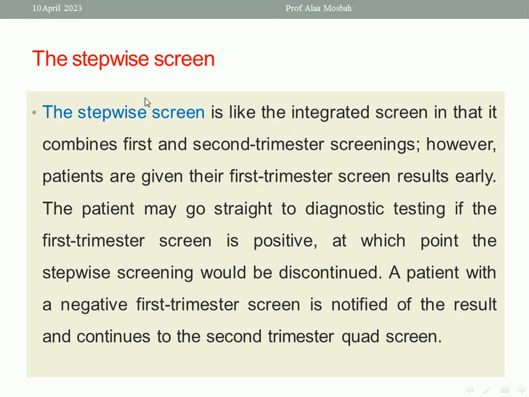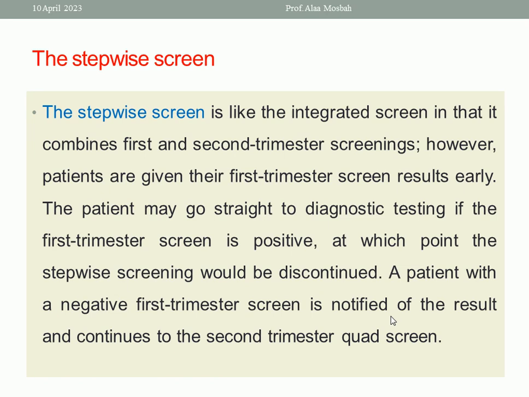What is the stepwise screen? The stepwise screen is like the integrated screen in that it combines first and second trimester screens. However, patients here are given their first trimester screen result early.